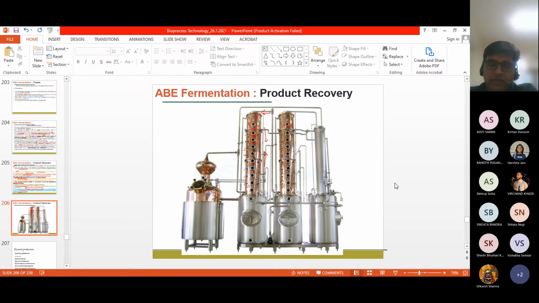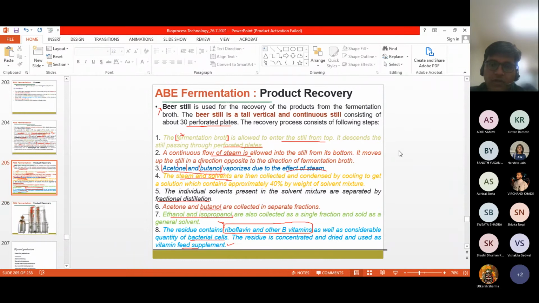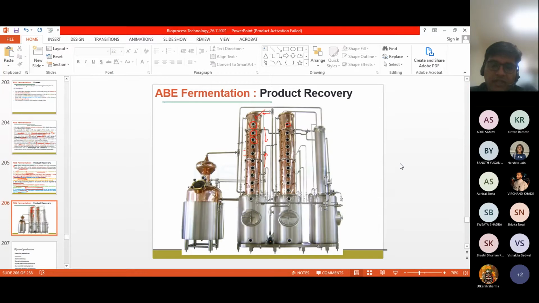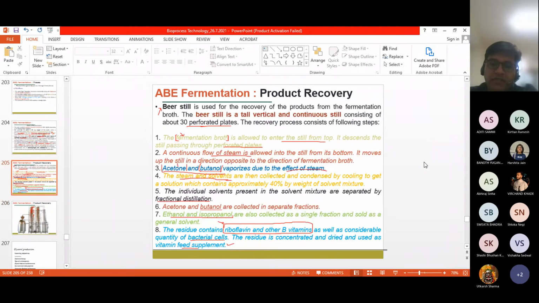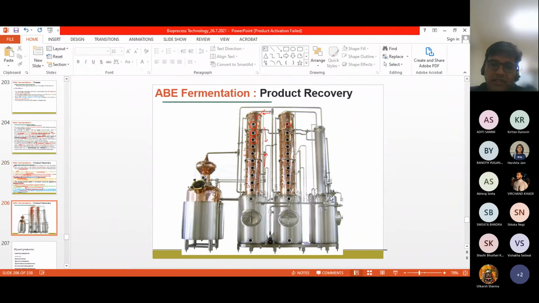We know that both acetone and butanol are volatile in nature and have different boiling points. So generally we have long, tall vertical columns, called beer stills, which consist of different perforated plates heated at different temperatures. As the media is passed through the top of these towers, once the liquid comes in contact with the hot perforated plates, it is vaporized, and the vapors generated are collected and condensed.